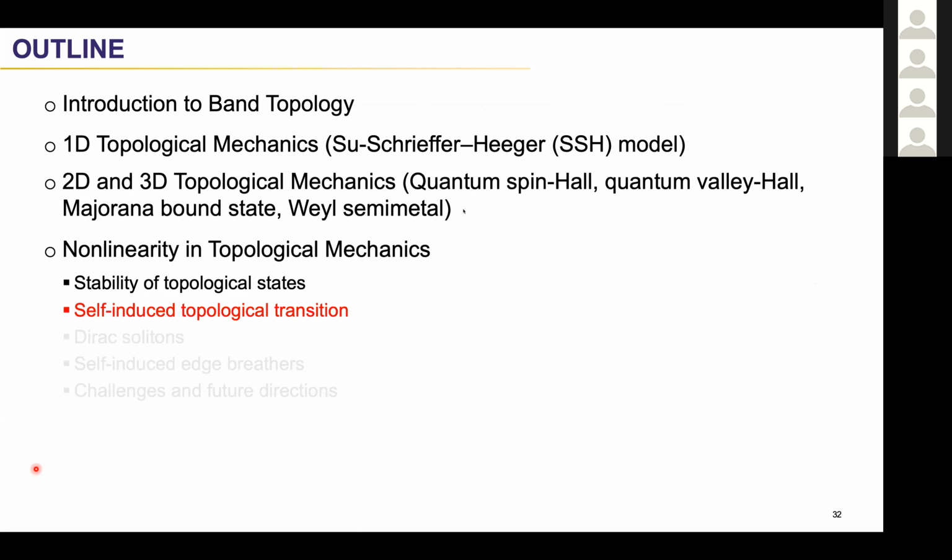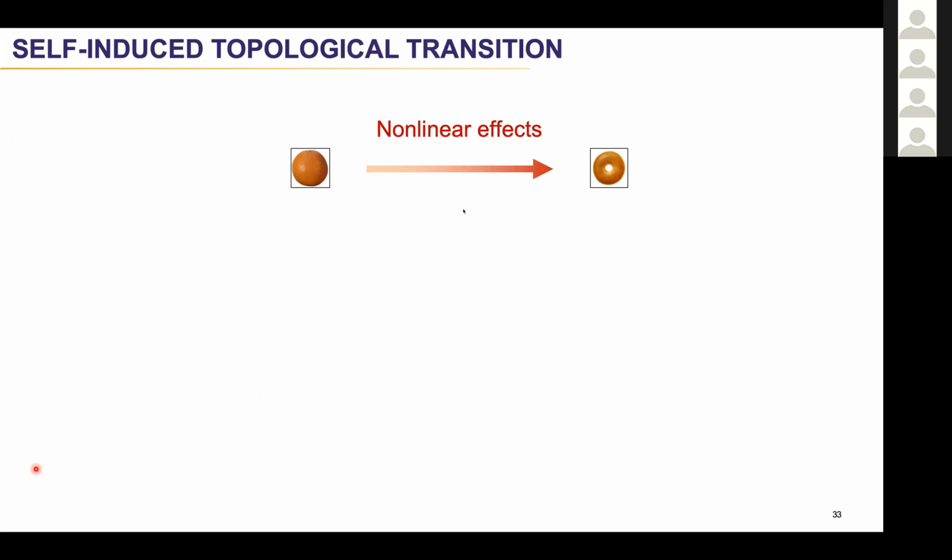Okay. So another aspect we explored was a self-induced topological transition. So here, you know these figures by now. You know, oranges and bagel. What we are essentially talking about is trivial and non-trivial lattices. But in a linear regime, these systems were different with different stiffnesses.